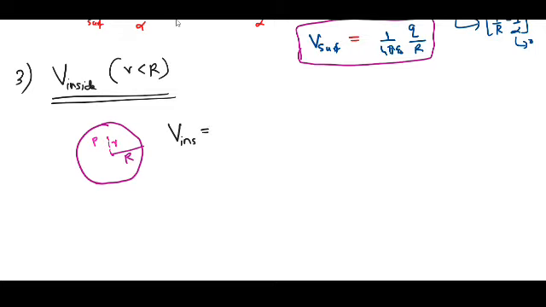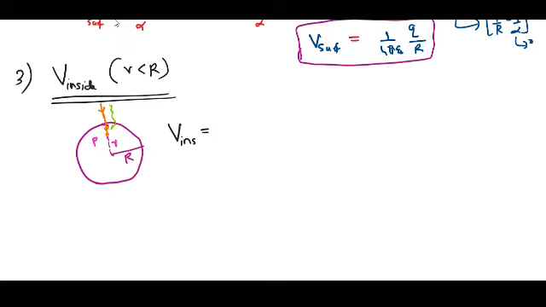According to the definition of the electric potential, we have to come from infinity to the point of interest. We have to reach here. Therefore, I will split this path into two.